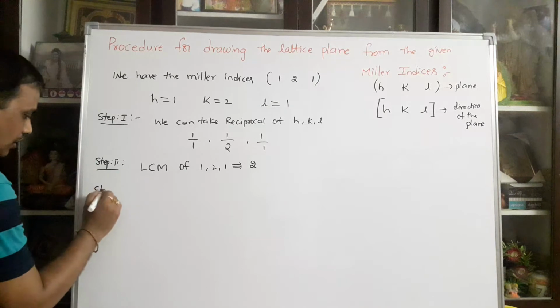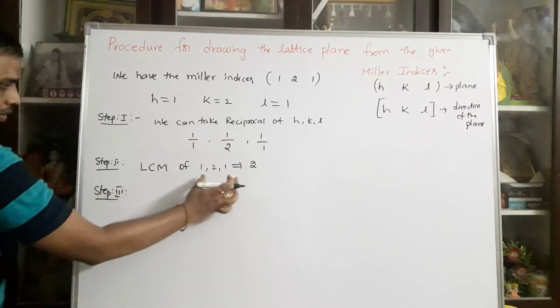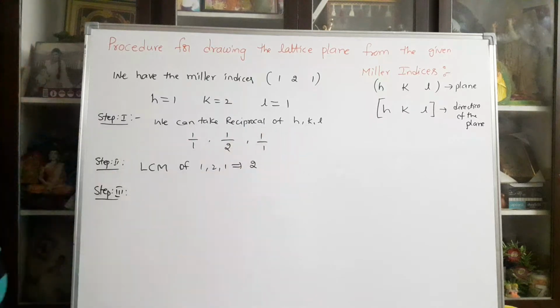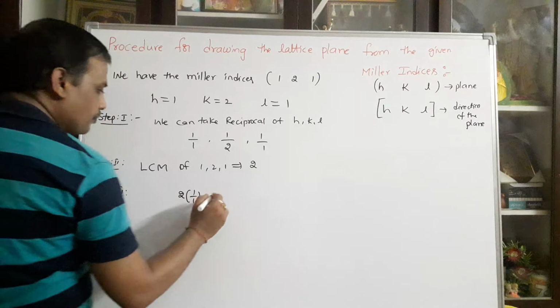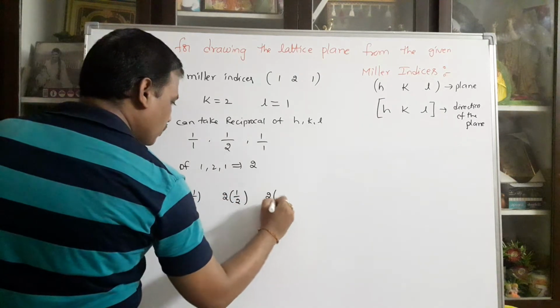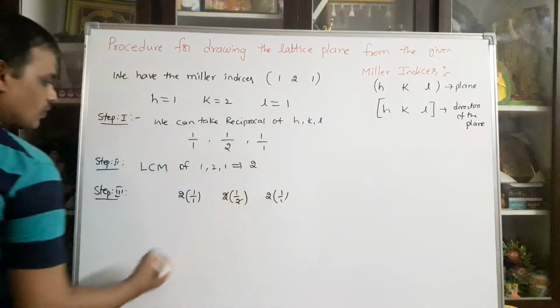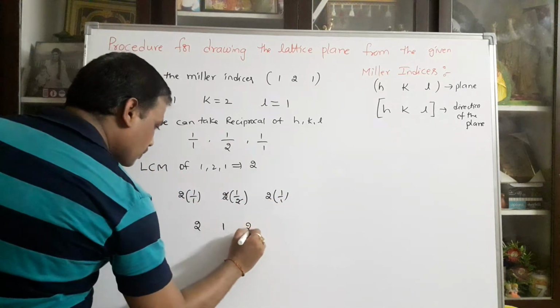Step number 3. Based on this LCM, you multiply the LCM with the reciprocals. So 2 into 1 by 1, 2 into 1 by 2, 2 into 1 by 1. Here the 2 cancels. So 2 into 1 is 2, then 1, 2.